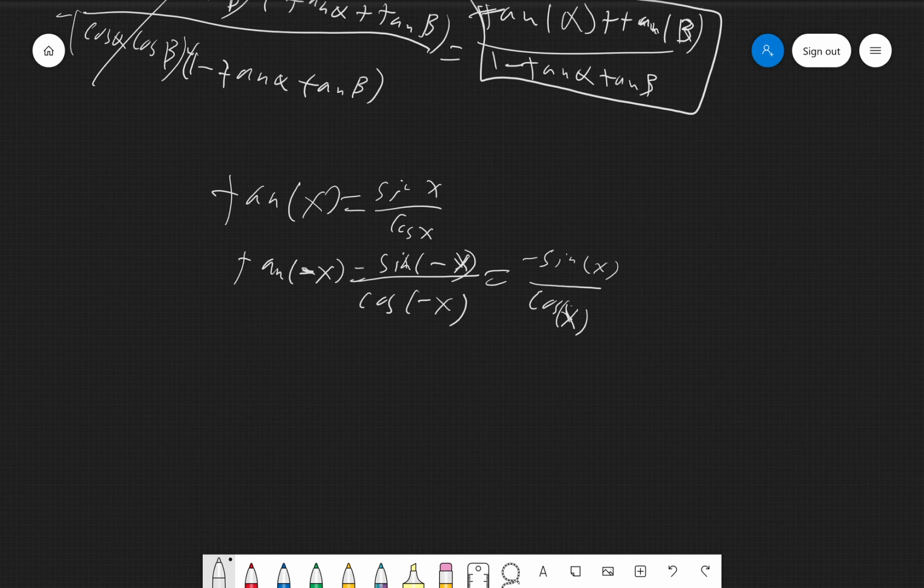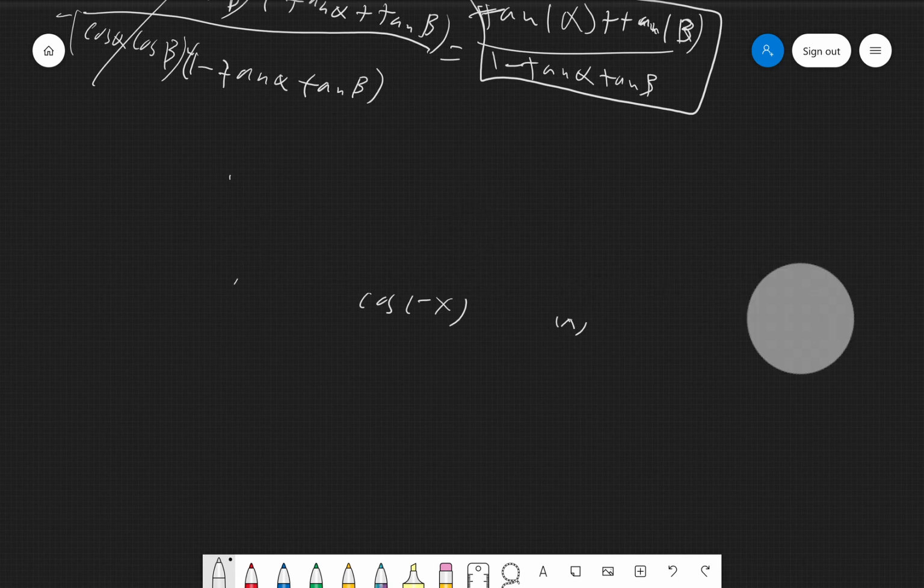So this is equal to negative tangent of x. Just know that, and we can use it.